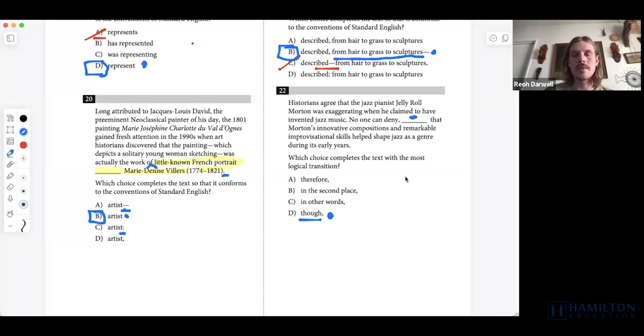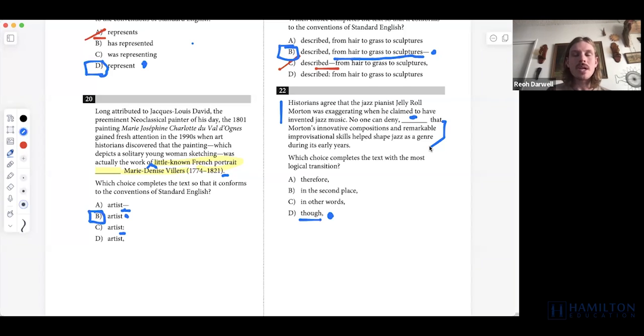The role that we need that transition to fulfill is one of concession and to be a pivot, all right? We need to concede that even though, or despite the fact that maybe his role was exaggerated, it was nonetheless important.